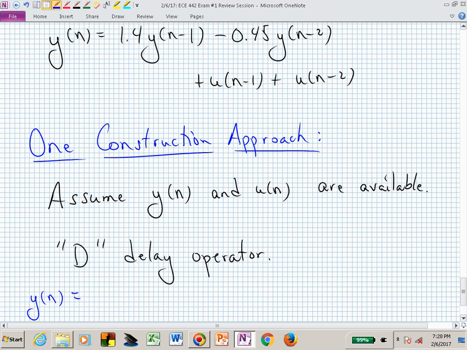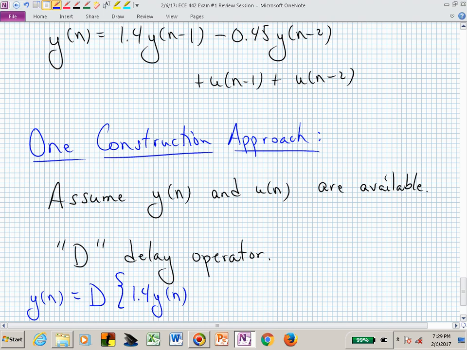Meaning, if I delay y of n by 1 delay, I end up with y of n minus 1. Meaning, I now can delay the 1.4 y of n, and I actually have the 1.4 y of n minus 1. Is that okay?